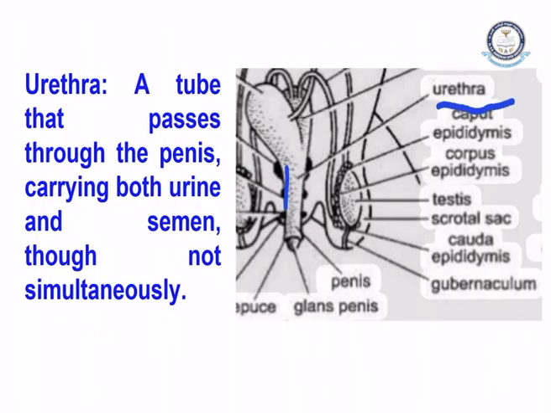Coming to the last organ, which is the urethra. The urethra is a tube that passes through the penis, carrying both urine and the semen, but not simultaneously. The next external organ is the penis. This penis is a copulatory organ used for transferring sperms into the female reproductive tract.